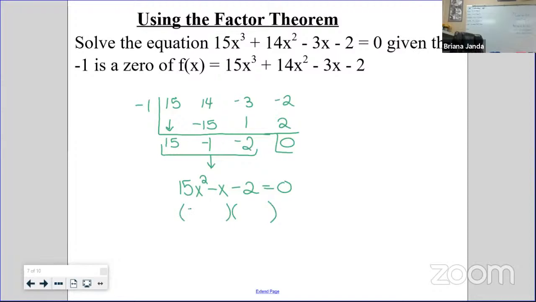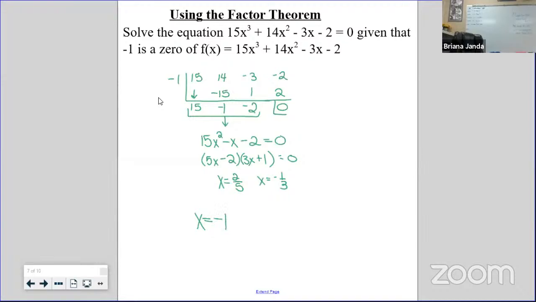So what did we have? 5x and 3x and 2 and 1. We set each of those equal to 0. And again, this was our warm-up, so I will skip showing our work. So our solutions, including the solution they gave us at the beginning, are negative 1, 2/5, and negative 1/3.